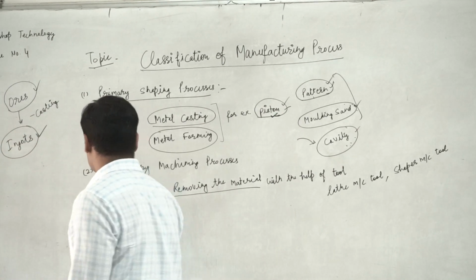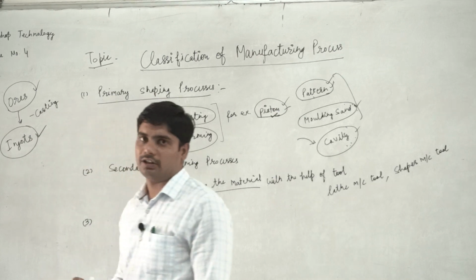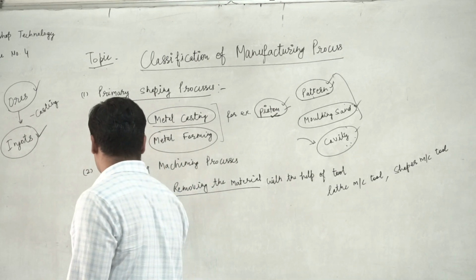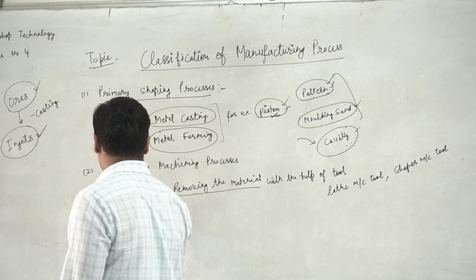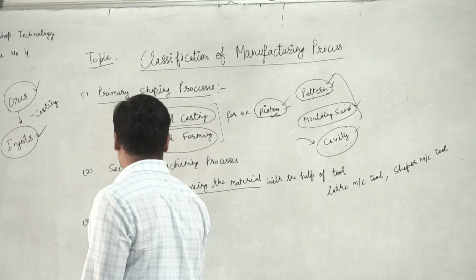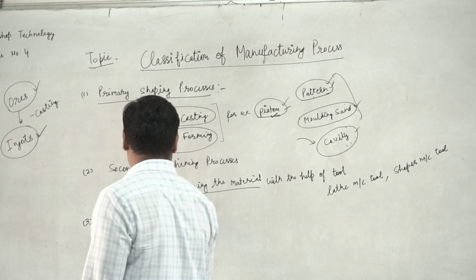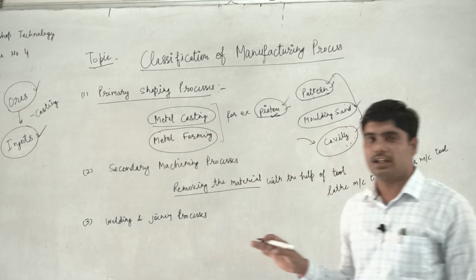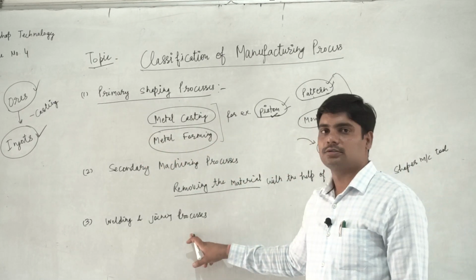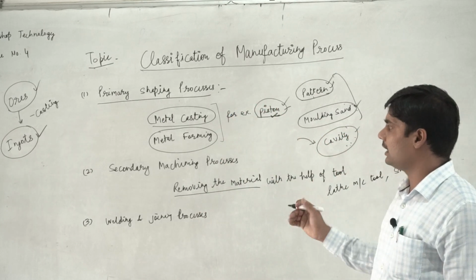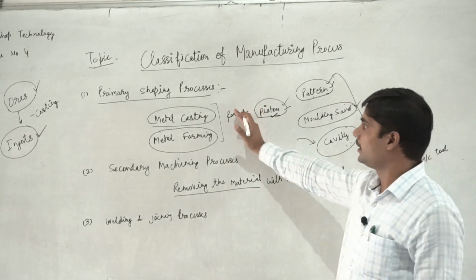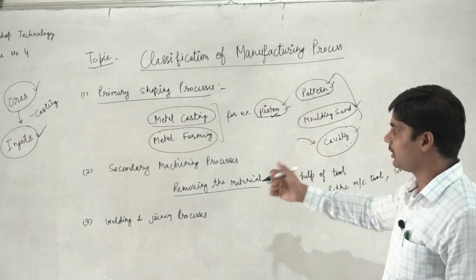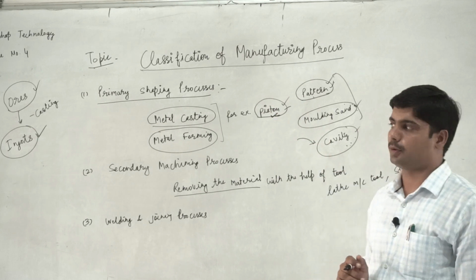Now third one is welding and joining processes. In third classification, now we have obtained the parts from the primary shaping process and then after from secondary machining processes.